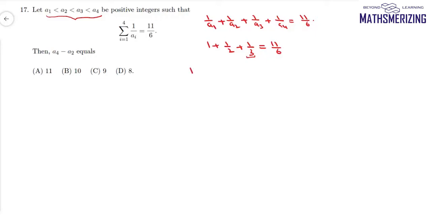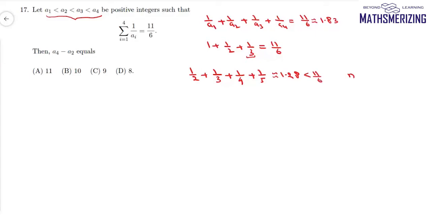Now if I sum 1 by 2 plus 1 by 3 plus 1 by 4 plus 1 by 5, this sum is nearly 1.28, and we know that 11 by 6 is nearly 1.83. So this sum is less than 11 by 6.